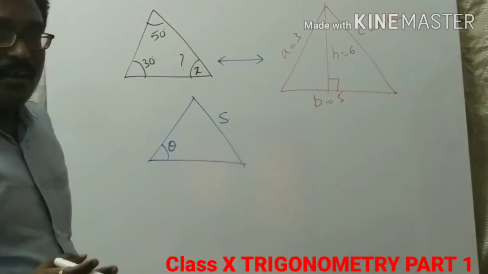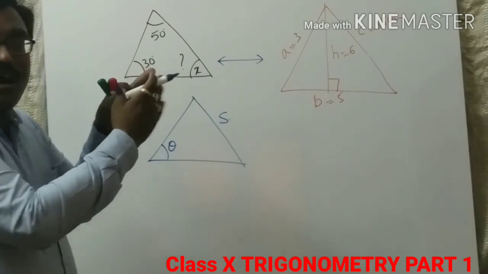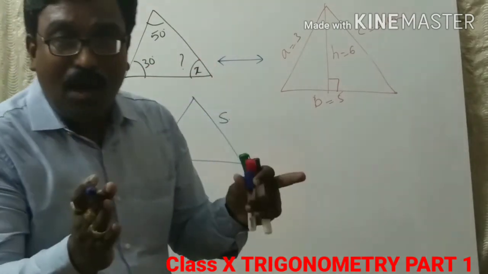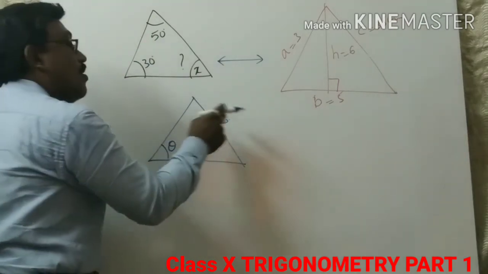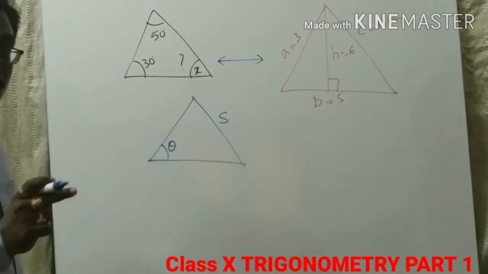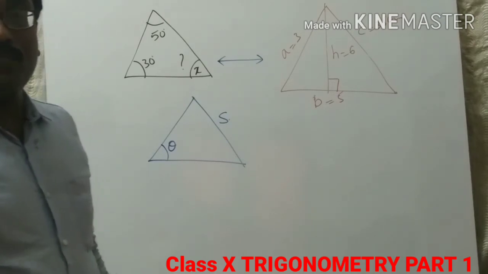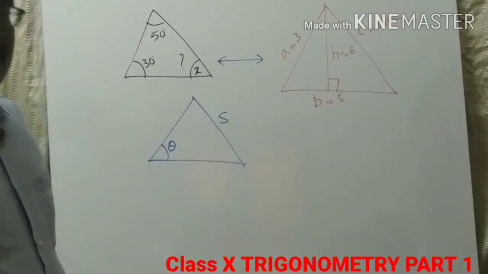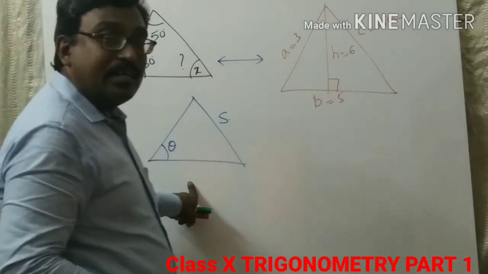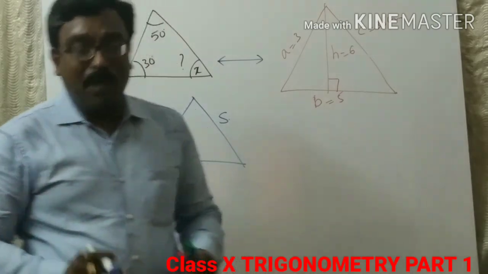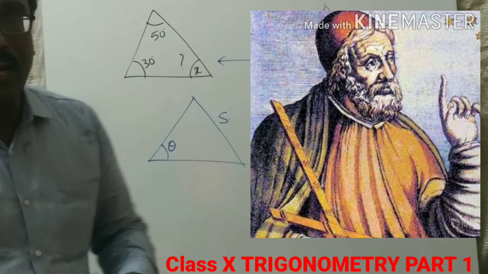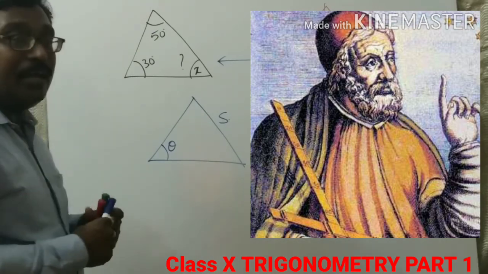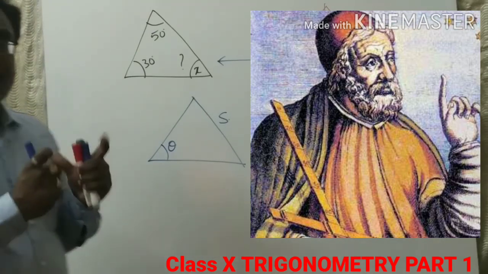We can find it; trigonometry is not required. But now my question is, if one angle is given and one side is given, how to find the remaining components of a triangle? There the word trigonometry was introduced by a Greek mathematician, Hipparchus. He introduced trigonometry and we are learning trigonometry now.